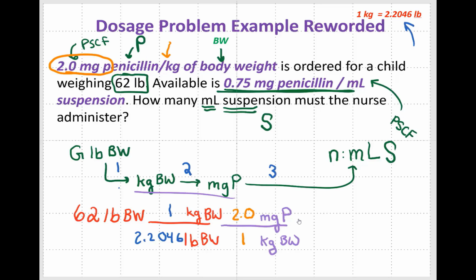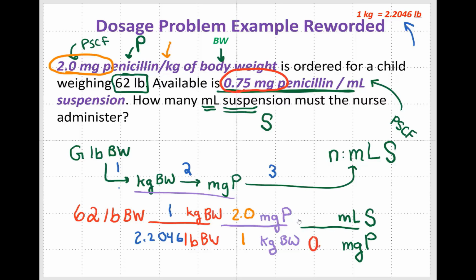In step 3, we're going from milligrams of penicillin into milliliters of suspension. So milligrams of penicillin goes on the bottom, so it cancels, and milliliters of suspension goes on top. And then we just copy the numerical values in front of it, and we have 0.75 milligrams of penicillin.